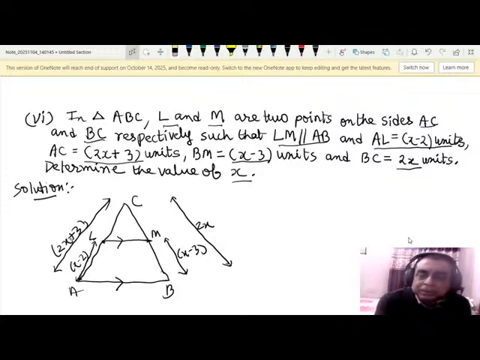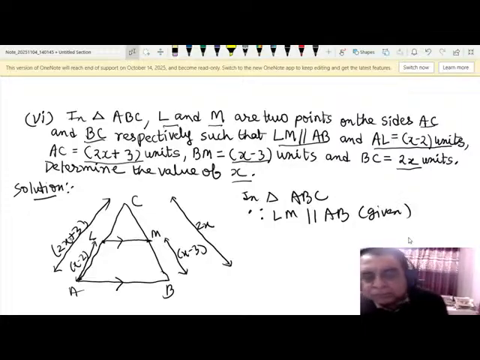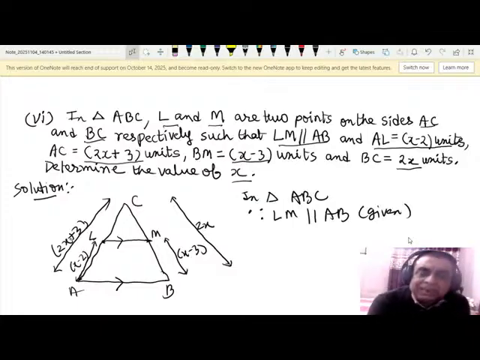So see here. Now in triangle ABC, LM is parallel to AB. It is given in the question. Now when a line is drawn cutting two sides of the triangle and parallel to the third side, then that line cuts the two sides in the same ratio. It is called the basic proportional division theorem or Thales theorem.